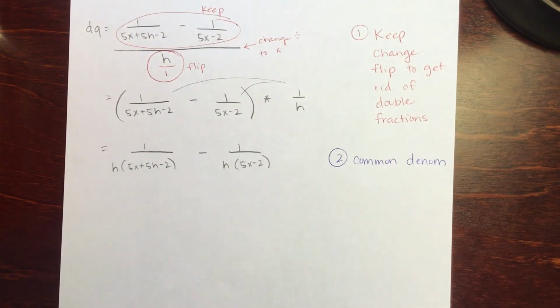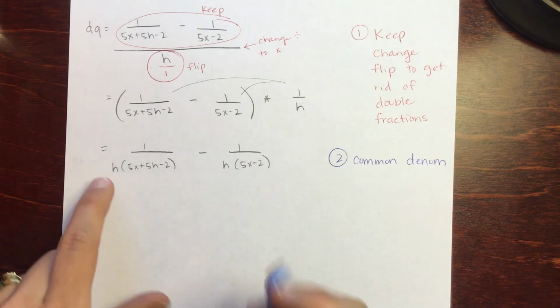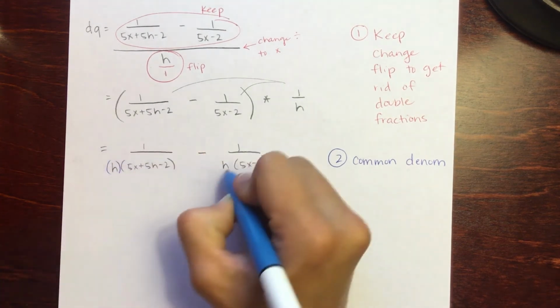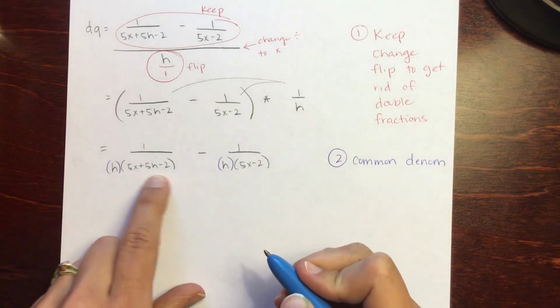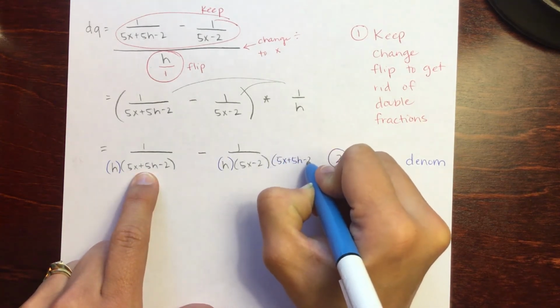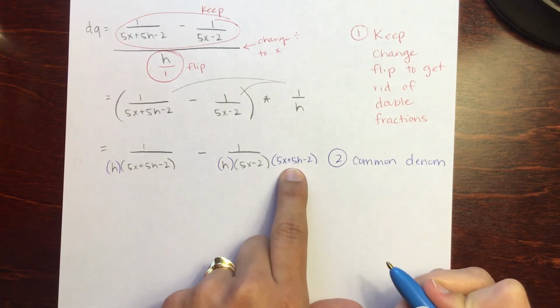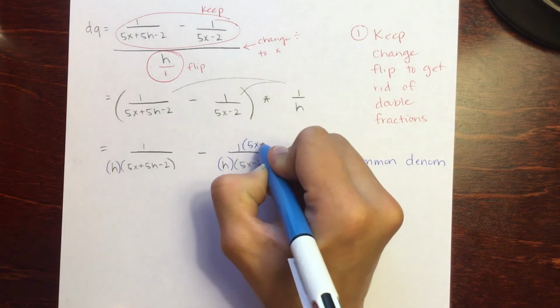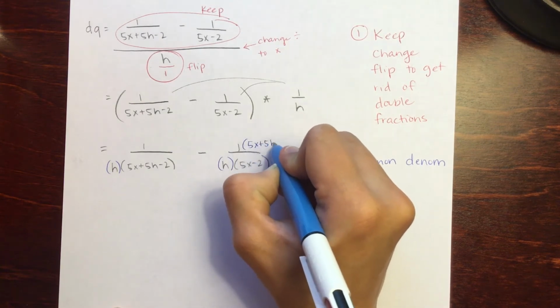Second step is going to be, let's get a common denominator now, so I can write this as one long fraction instead of 2. They both have an h in the denominator. That's good. That's one of my factors. But this first denominator also has a 5x plus 5h minus 2. So I need to put that in the second denominator. Whatever you put in the second denominator, you have to also put in the second numerator.